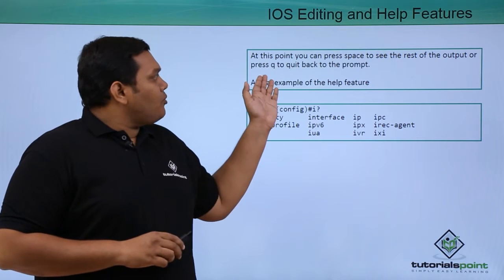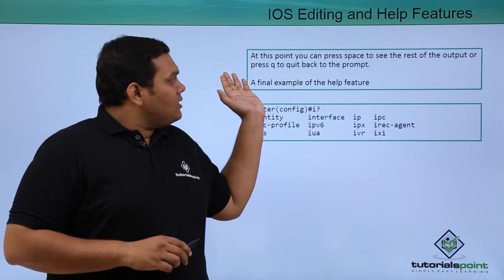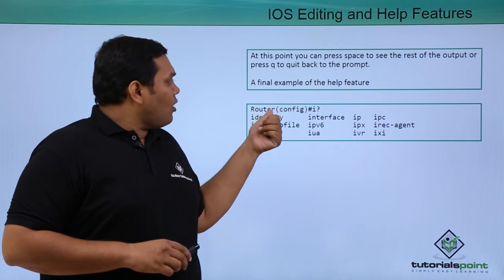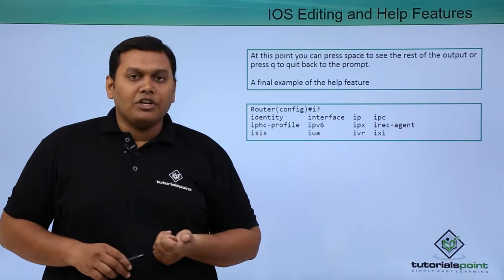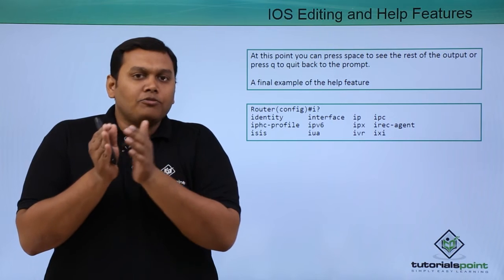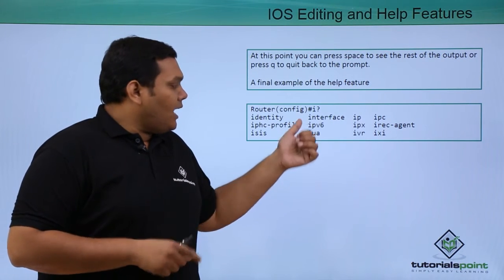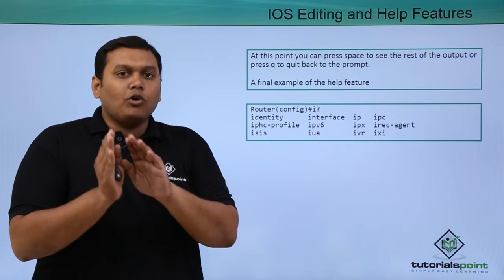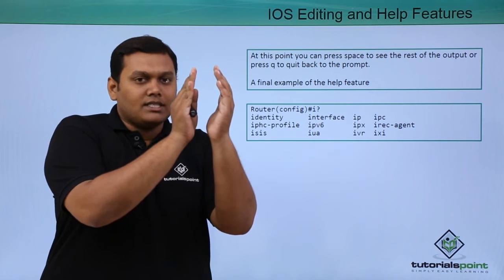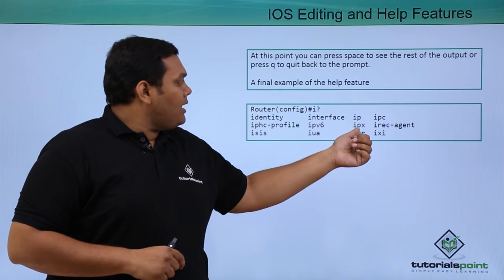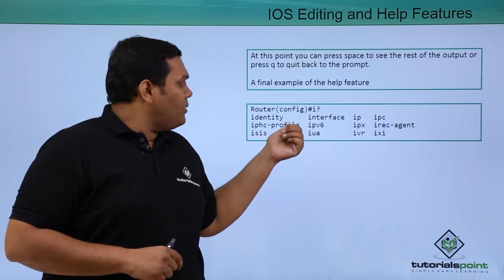Coming to this point, when you press the space button, the output will look like this. In the global configuration mode, if you don't know which command has to be used, you press I and question mark, and it will give whatever starts with I. You can see identity, interface, IP, IREC agent, everything displayed here.